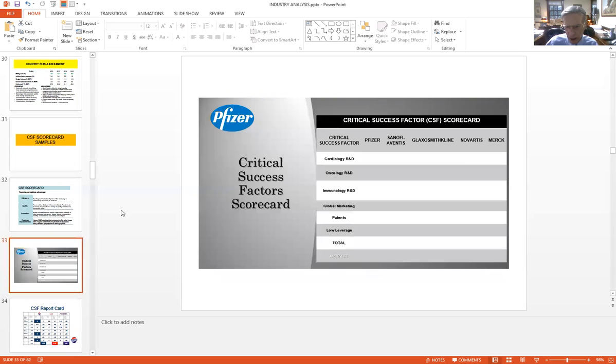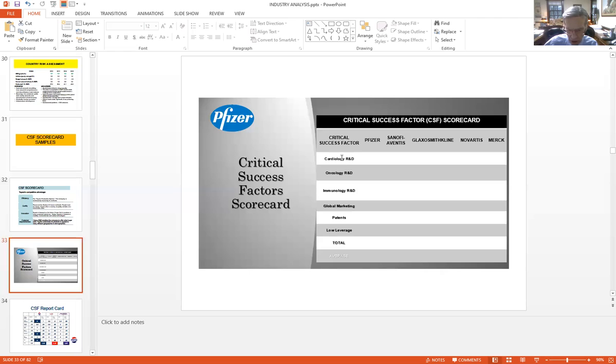Here's another way of doing a critical success factor analysis, and it was done in the drug industry by another team. I really don't know why we don't have loadings on here, but you can see that five pharmaceutical companies, Pfizer, Sanofi Aventis, GlaxoSmithKline, Novartis, and Merck are placed here.